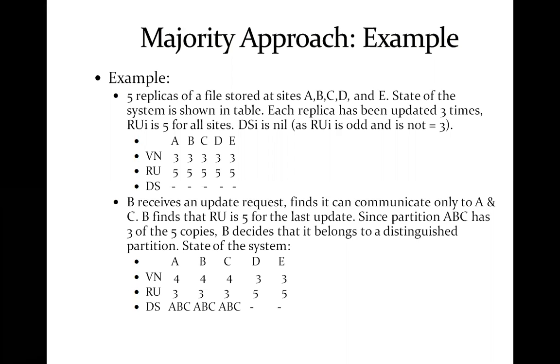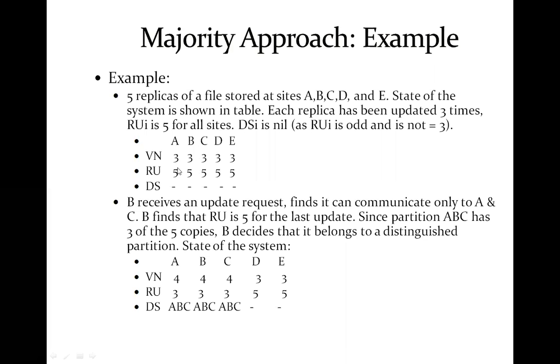Since it is showing a partition of ABC, this ABC has 3 of the 5 copies, because A is having 3, B is having 3, C also, all are having the latest version. And the total number of copies available is 5. So it means it is in the majority. How do we decide that?